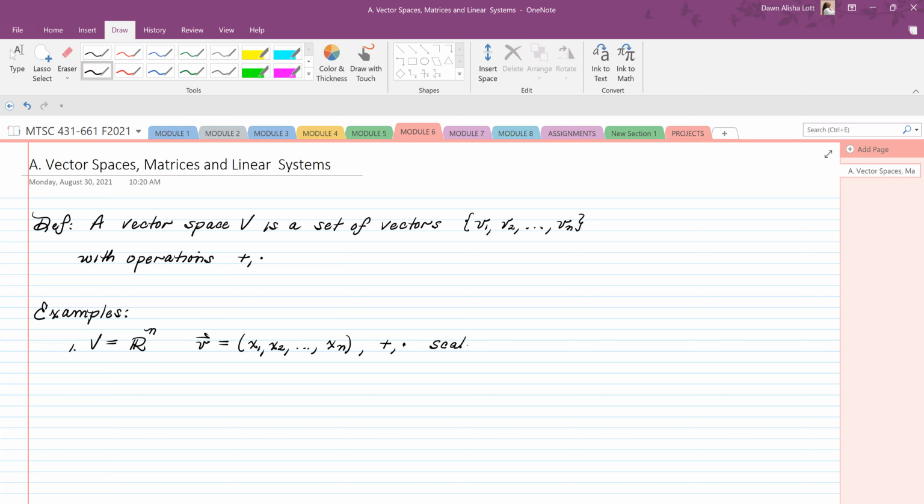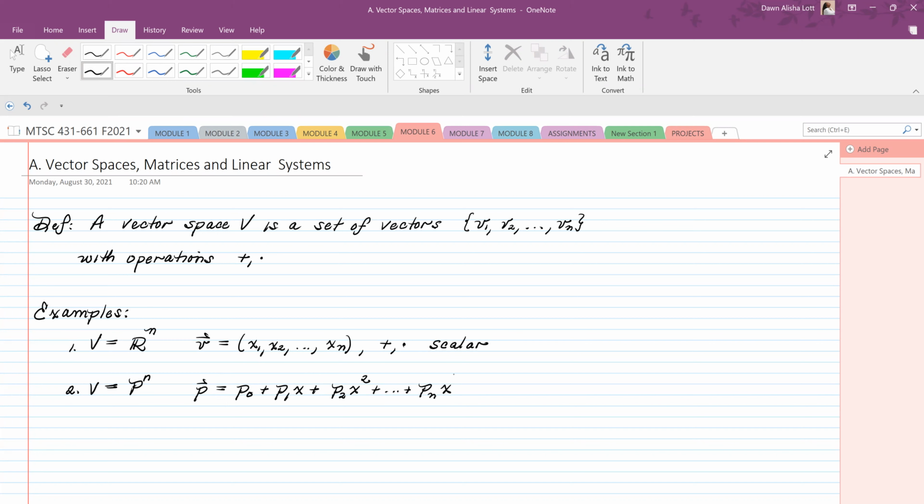And then 2, the vector space could be the set of all polynomials of degree n. Therefore, a vector inside of that vector space would be something like P0 plus P1x, plus P2 x squared, all the way up to Pn xn.